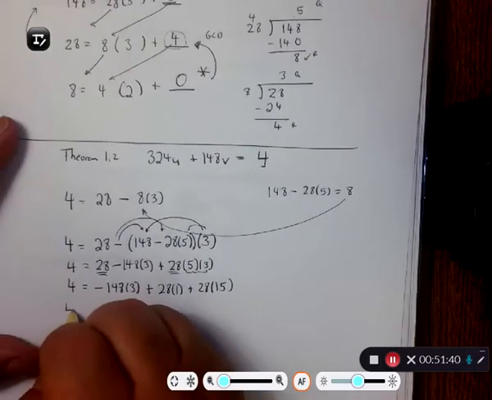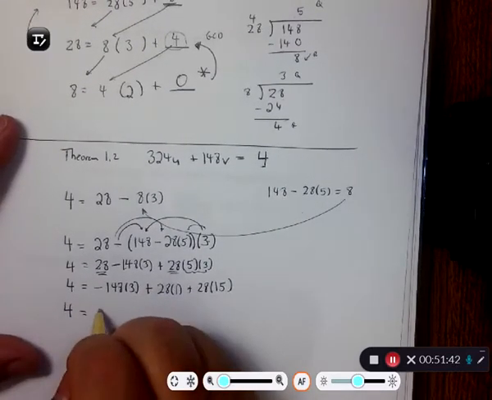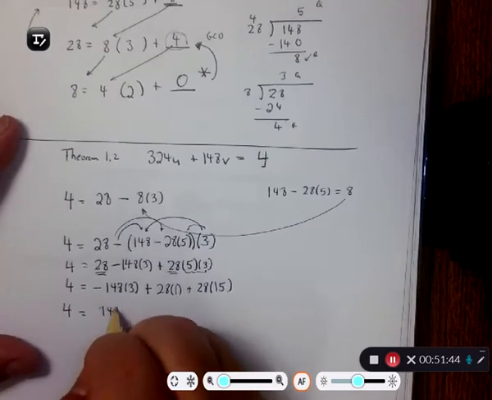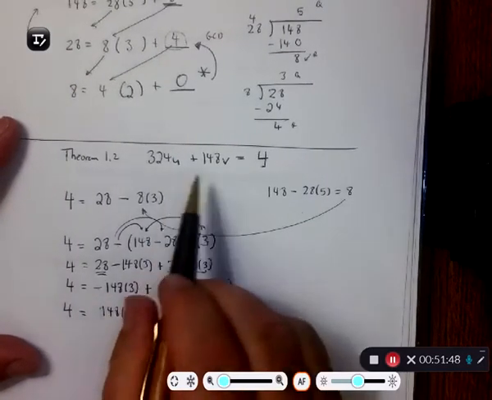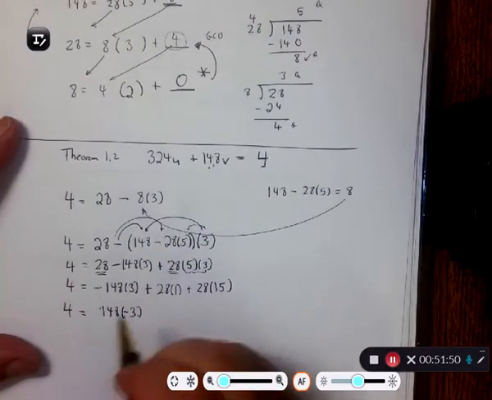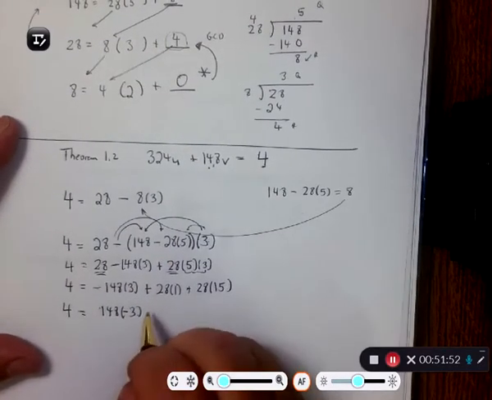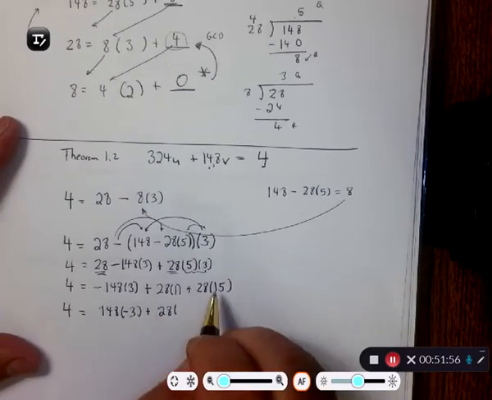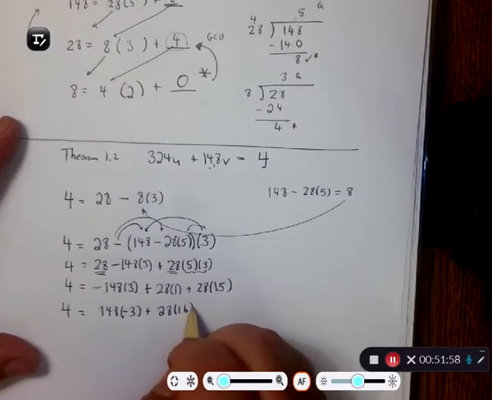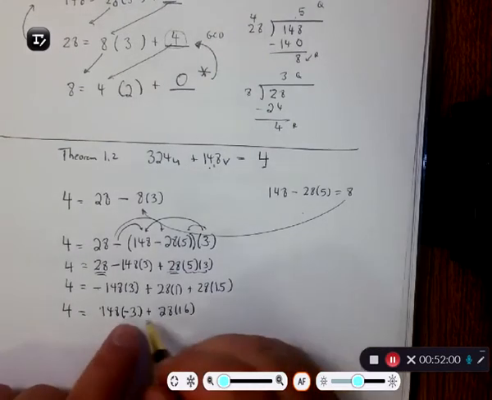So 4 is equal to, and watch what I do, 148, I'm going to put the negative with the 3 here. Negative 3, because 148 was one of my numbers here, so I want to focus on him not being negative. Plus 28 times 1 plus 15 is 16. So I'm kind of getting that U and V aspect of it.